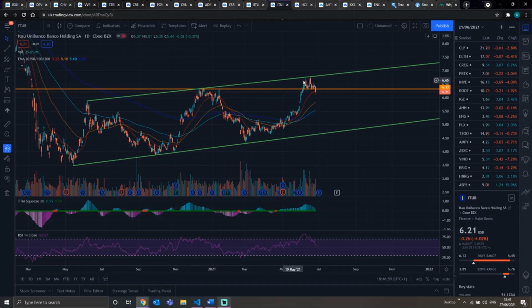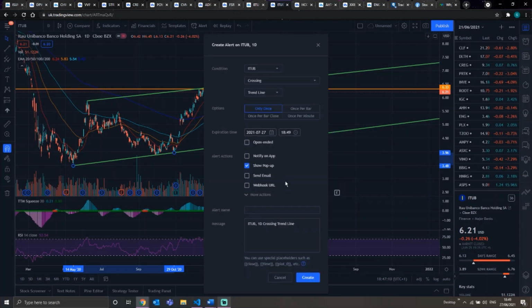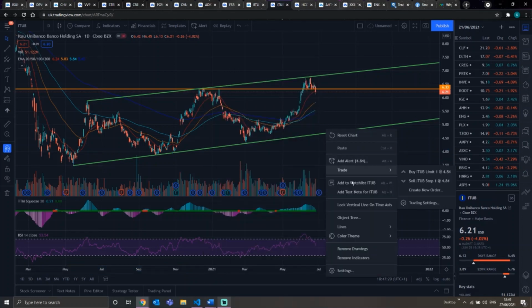But what we'll do is find a line. So if we've got this bottom trend line here, you can do this on TOS as well, I'm pretty sure. What you want to do is add an alert. You can either add an alert to the trend line if you really want it there, or what I tend to do is set an alert just above it.